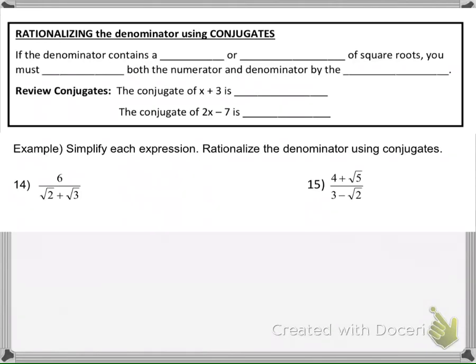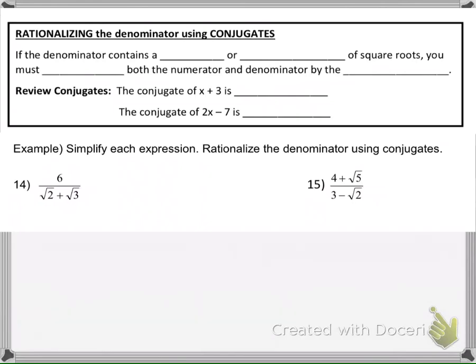In the next third example, you will see there are still radicals in the denominator. However, what you will notice about these next 3 problems is there's 2 things being added or subtracted, and at least one of them is a radical.